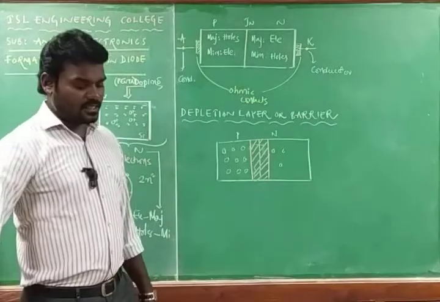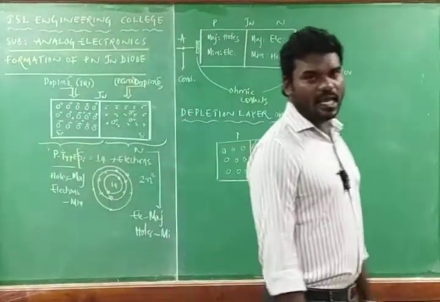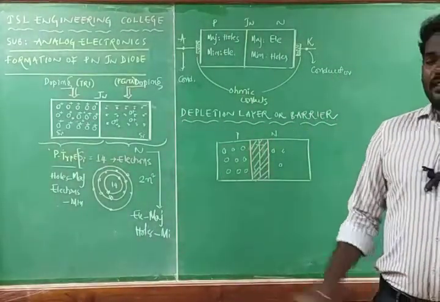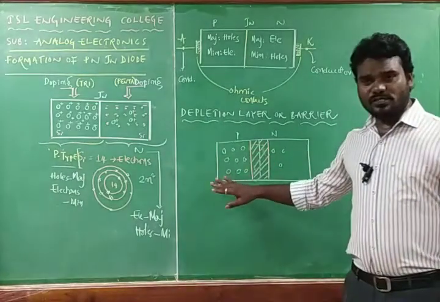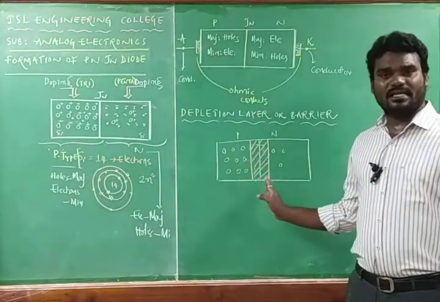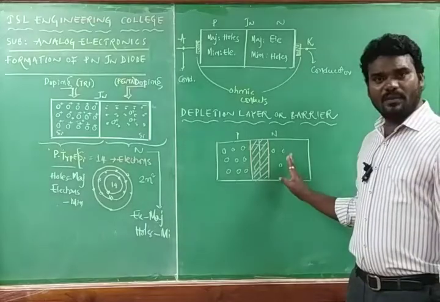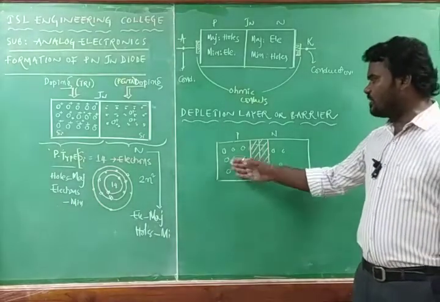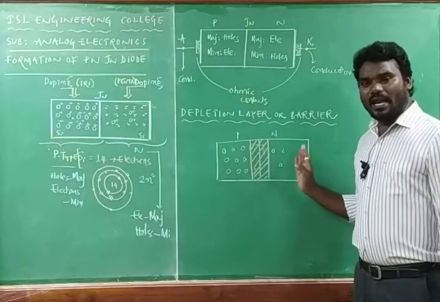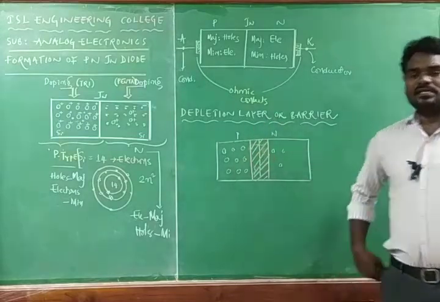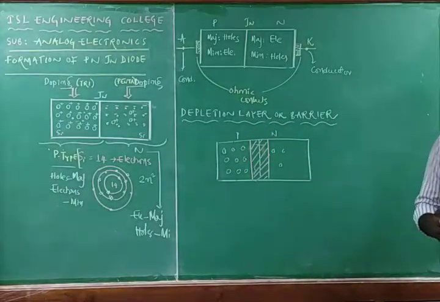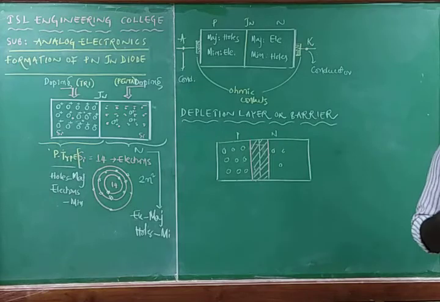The depletion layer is mainly due to two things. In the PN junction, there exists a concentration gradient between the P and N material, so holes want to diffuse from P side to N side, and electrons want to diffuse from N side to P side. Due to this concentration gradient, there is a recombination of electron and hole.